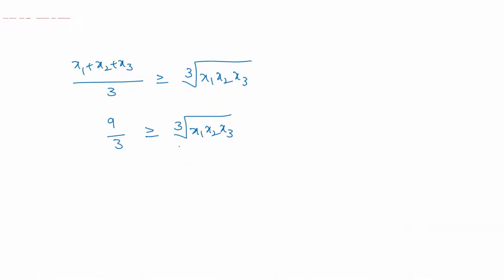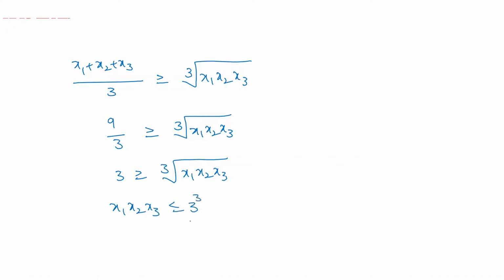They have given the sum as 9, so 9/3 is greater than or equal to the cube root of x1 x2 x3. This is 3, so 3 is greater than or equal to the cube root of x1 x2 x3. From here, x1 x2 x3 is less than or equal to 3 cubed.